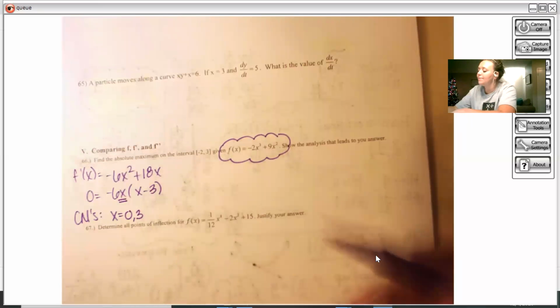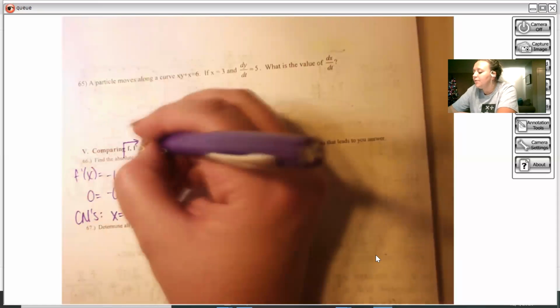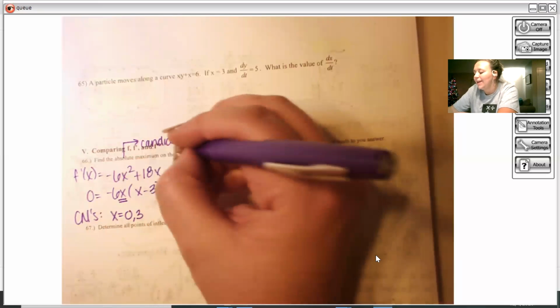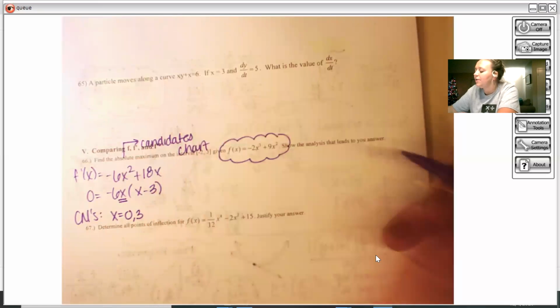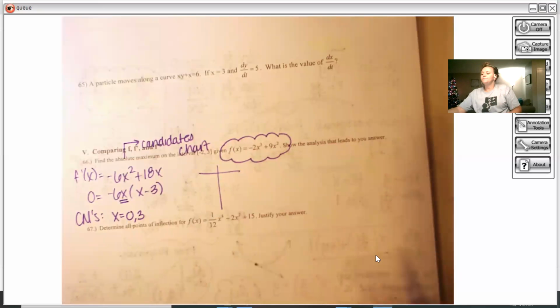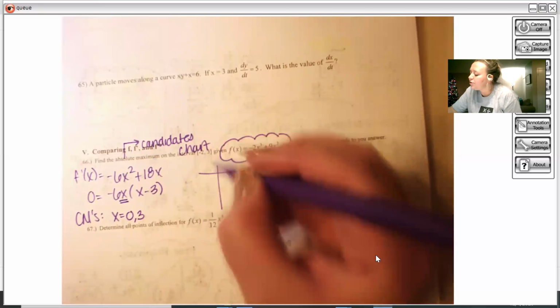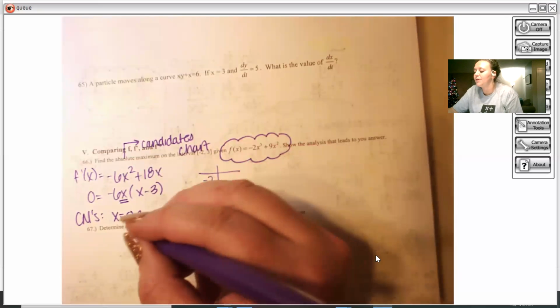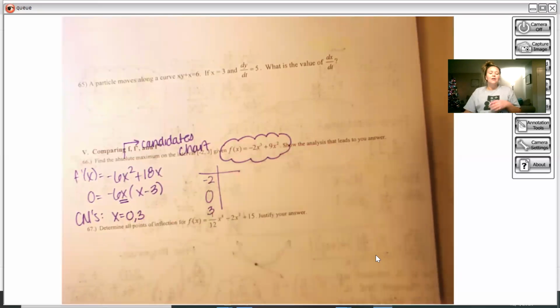But since I want absolute, you have to do a candidate's chart. Remember, in a candidate's chart, you don't care if it's the winner in its own little area. You only care about if it's the winner everywhere. So I'm going to put -2 and 3 in my chart because those are my endpoints. And then I'm going to put 0 and 3 in my chart. But then I notice 3 obviously is a repeat. It's an endpoint and it's a critical number.